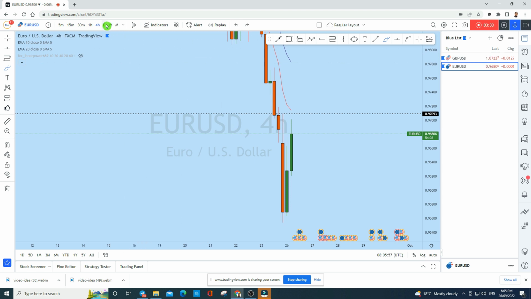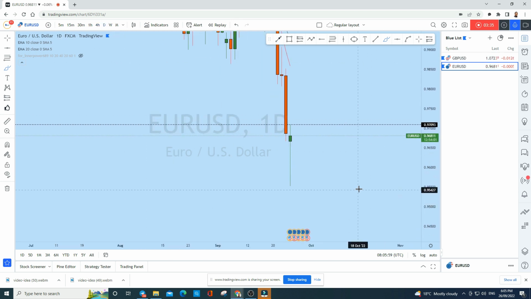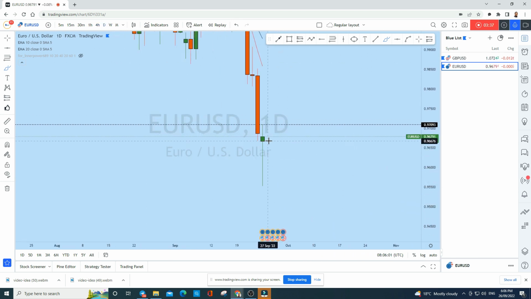If you look at the daily time frame, we could potentially see a daily close as a doji somewhere here, with a little bit of red body or green body. What I think is that in the upcoming days EUR/USD could go up a little bit, either creating a lower high with this daily or a little bit of a higher high, and then we could potentially see a further drop in this direction.